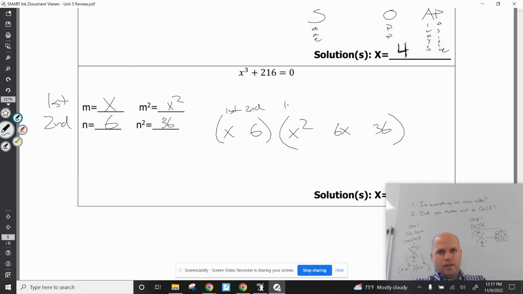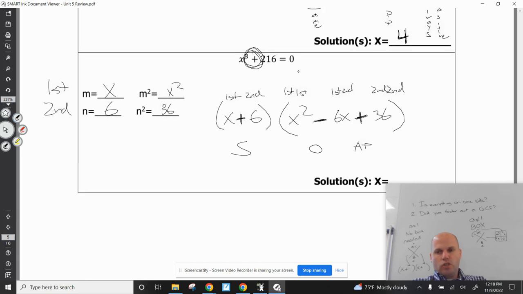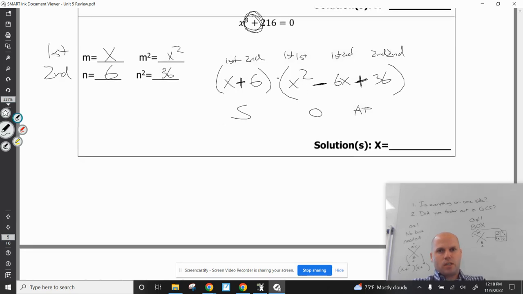First, second, first, second, second. Again, it's just a rule for you guys to remember. SOAP: same sign. What's the sign? Plus. Opposite sign. Always positive. Always positive.